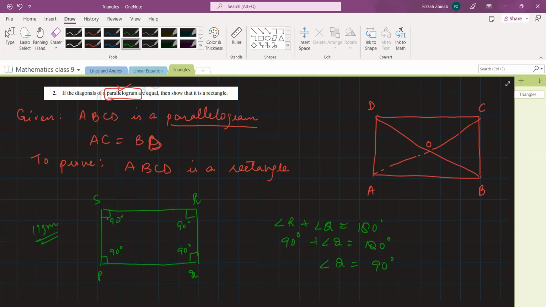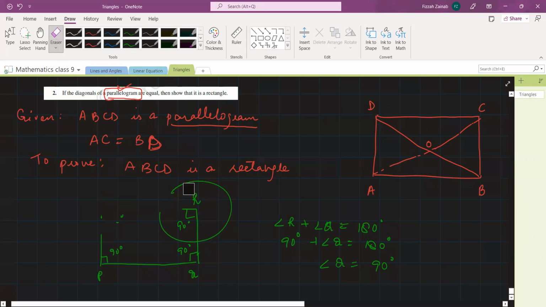So we don't have to show all the angles 90. If we show any one angle 90, the other three will also come out to be 90. Is that clear? That is why we focus only on one angle of the parallelogram, not all the angles, because all will ultimately be 90-degree. I hope it's clear.